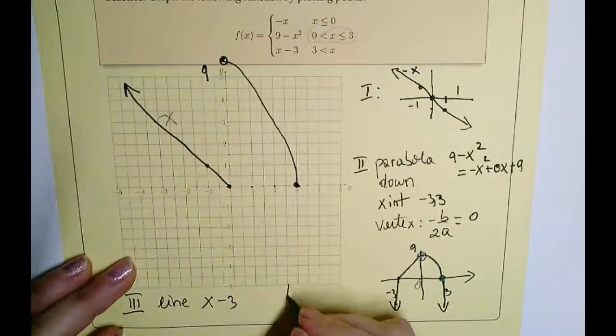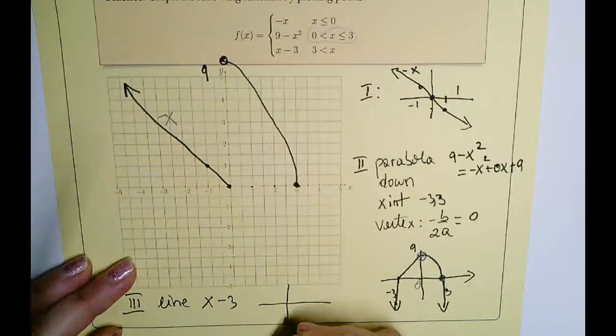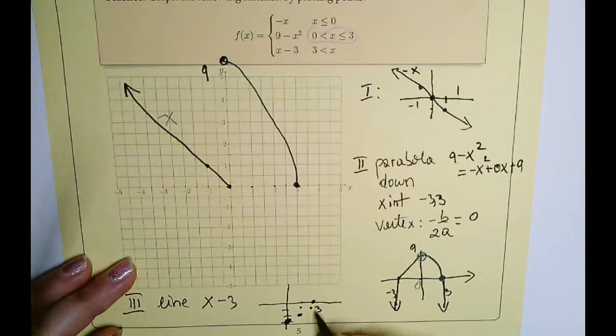So let's graph this quick. So at -3, I have my y-intercept, and then slope 1. So if I go up 1 and right 1, I'll be here. Up 1 and right 1, I'll be here. Up 1 and right 1, I'll be here. Two, 3. So this is 3 right here.